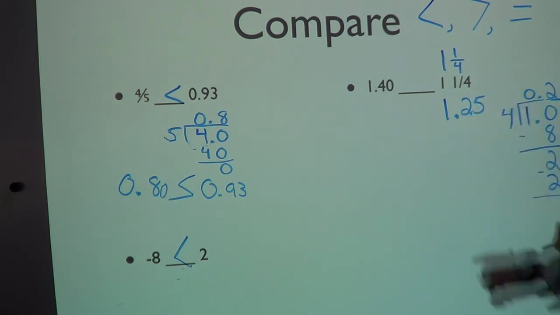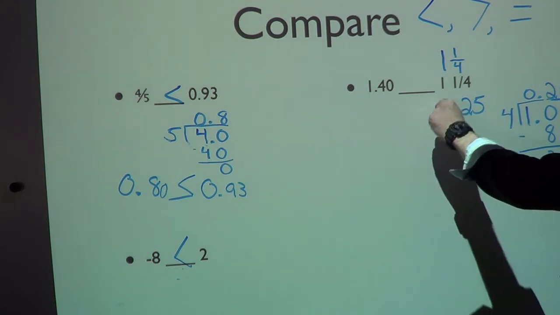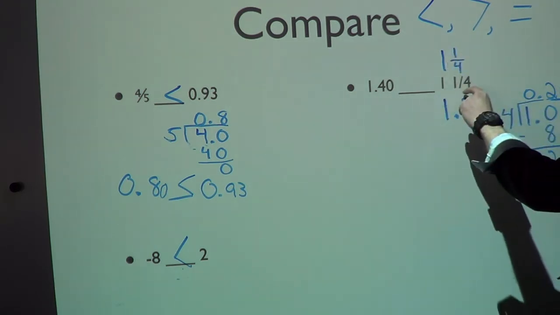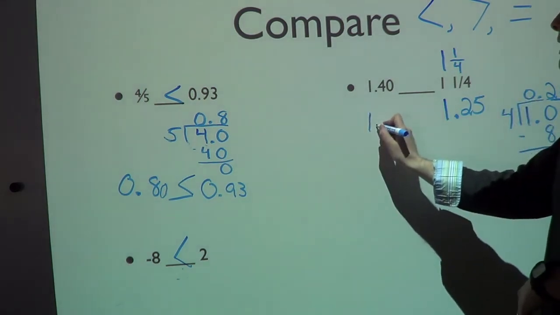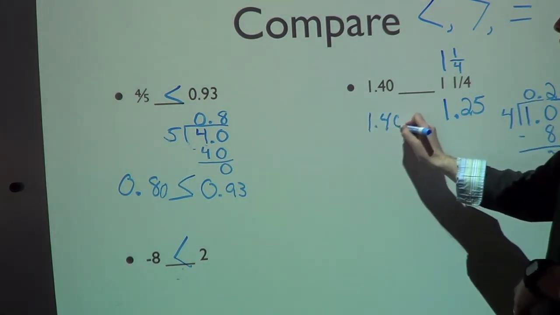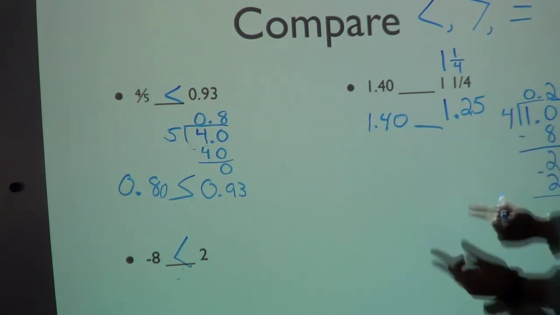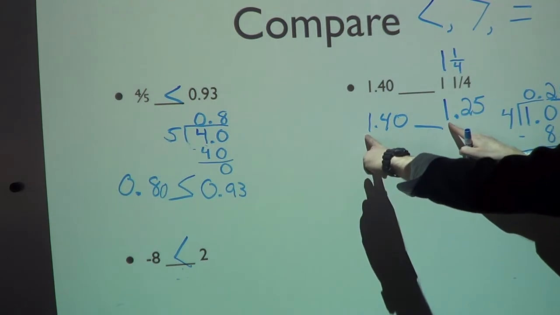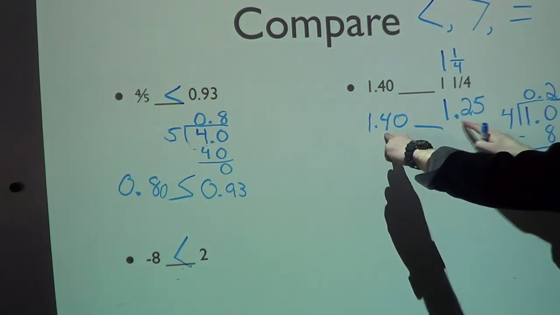0.25. Remember, we just took the 1, left it as the whole number 1. And we figured out 1/4 is actually equal to 25 hundredths. So we brought that down there. So really comparing is 1 and 40 hundredths to 1 and 25 hundredths. So let's compare. The ones place, it's the same. Move to the tenths place.